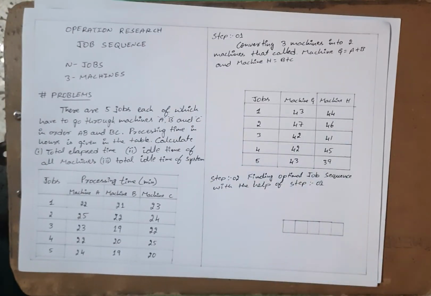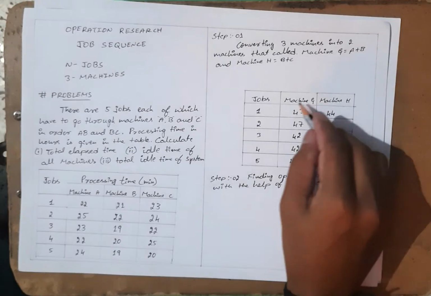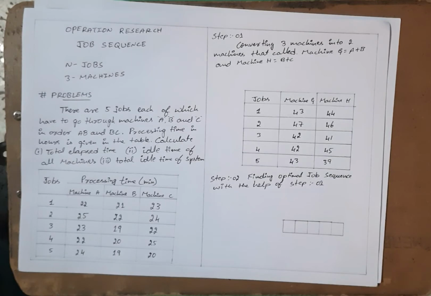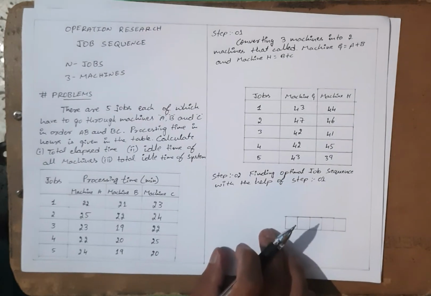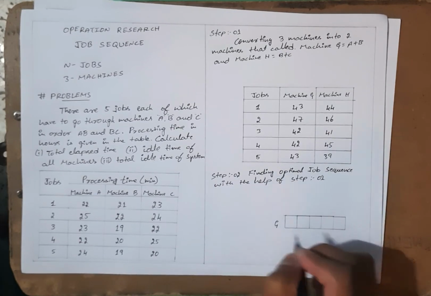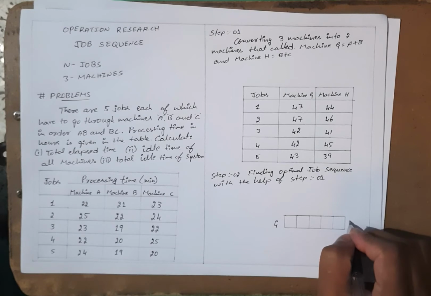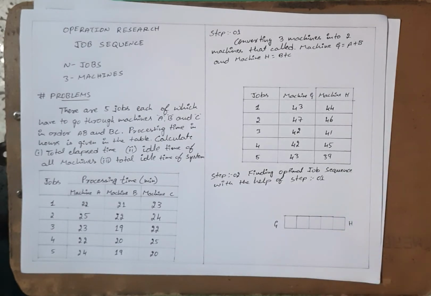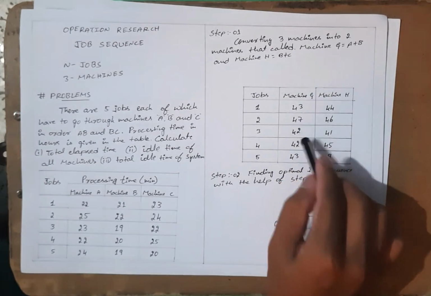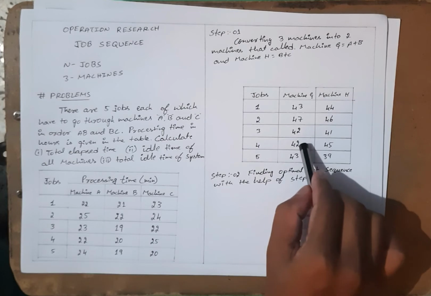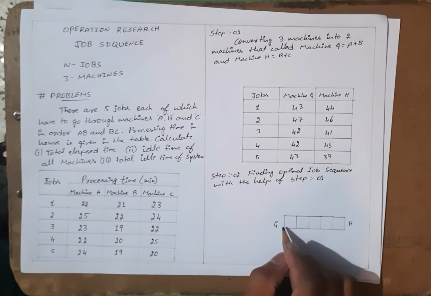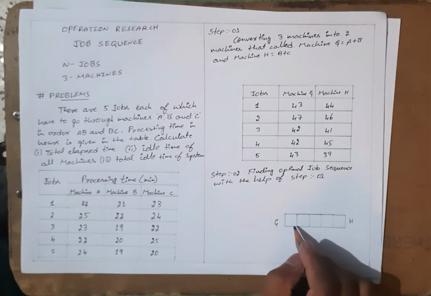While finding the job sequence, we have to find the least value from the machine G and machine H table. From the left hand side we consider machine G, and from the right hand side machine H. For example, if I get 42 as the minimum in machine G, I write that job from the left hand side.